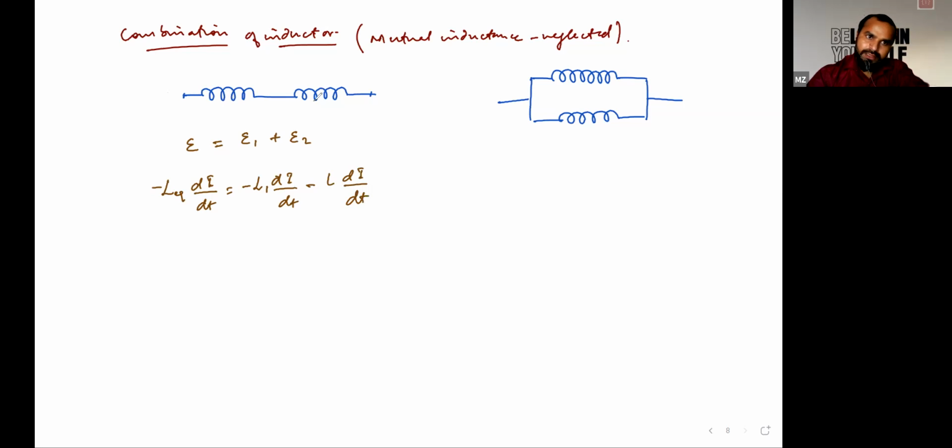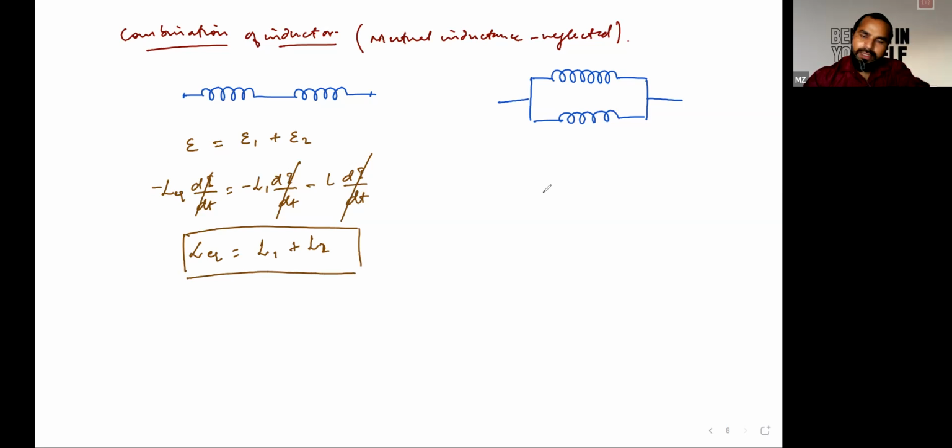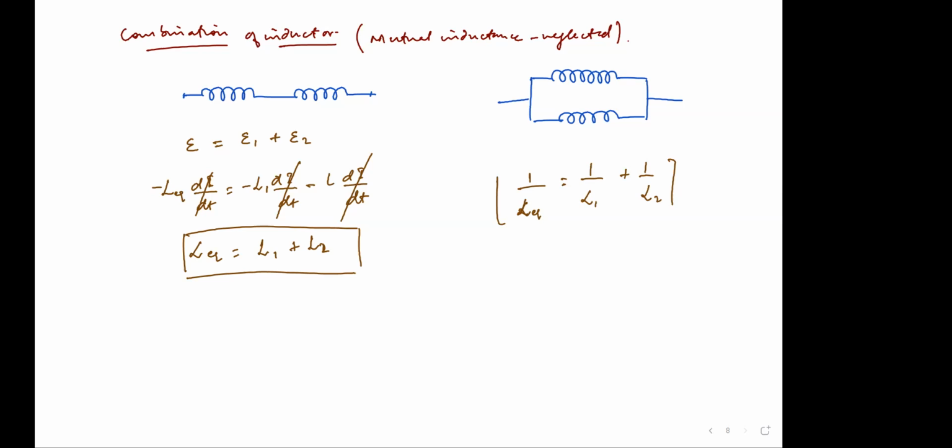As current is the same in series combination, di over dt and the minus signs cancel out. So we're left with L equivalent equals L1 plus L2, just the same as the combination of resistors. Similarly, for parallel combination, 1 upon L equivalent is equal to 1 upon L1 plus 1 upon L2. Is it clear? Yes, sir. Okay, just write it down.